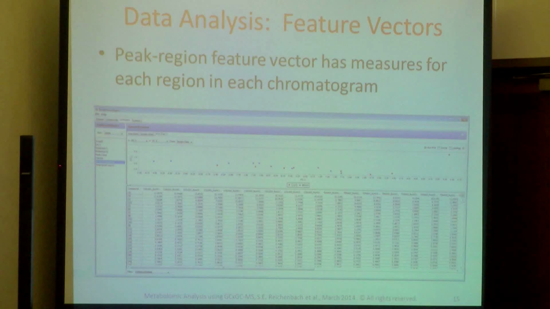And in this case we're looking at the percent response of each peak in each region. And of course then with this kind of table you can begin to do analytical studies of which compounds are different in the different classes of compounds, in this case between the wild type and the mutant Arabidopsis.